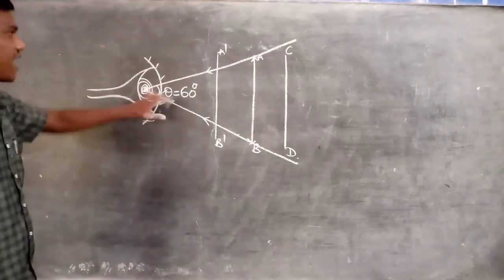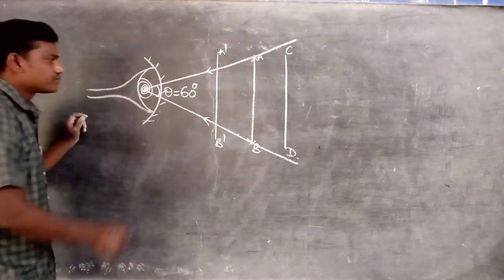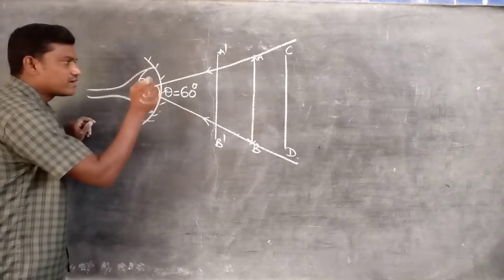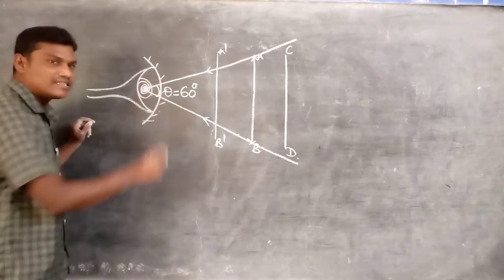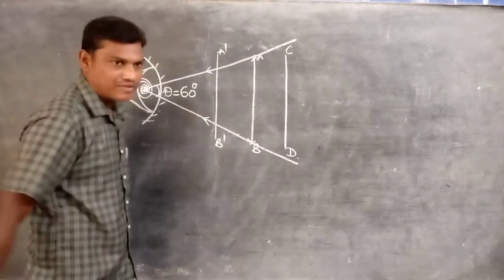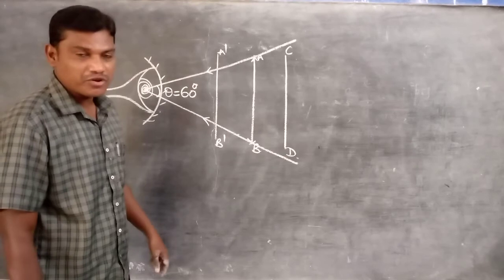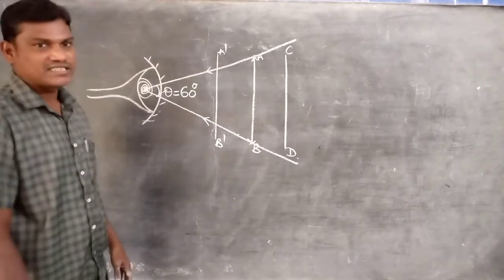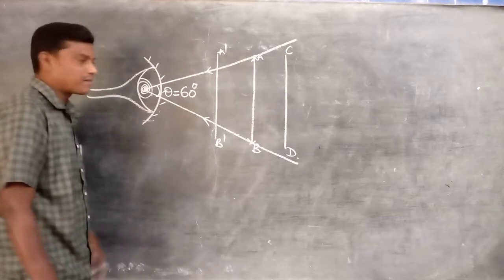So here in the diagram, once you observe that a person has a least distant vision of 25 centimeters. Initially, by the previous method, we know how to find the least distant vision of the person with the help of the retina stand experiment.